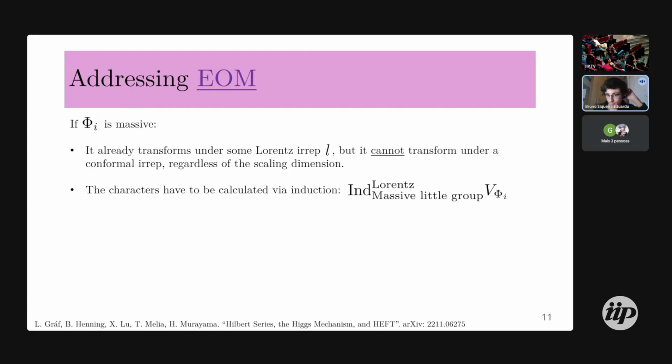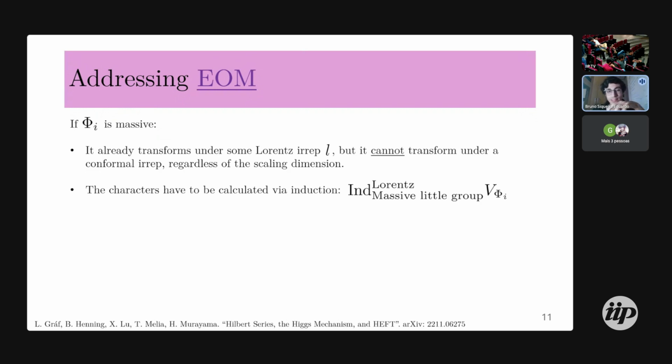The massive little group for bosons is SU(3), and the massive little group for fermions is SU(2). And then you induce all the possible consistent Lorentz representations from the little group. Because if you start from the Lorentz representations, you have equations of motion redundancies. But if you induce them from the little group, you get rid of those redundancies.